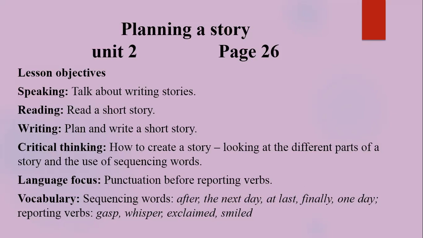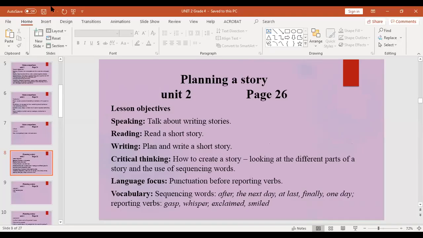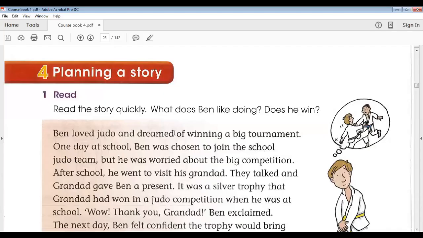So, after the discussion on learning objectives, I asked the opening question of the story to the class. Read the story quickly. What does Ben like doing? Does he win? So that was the opening question.